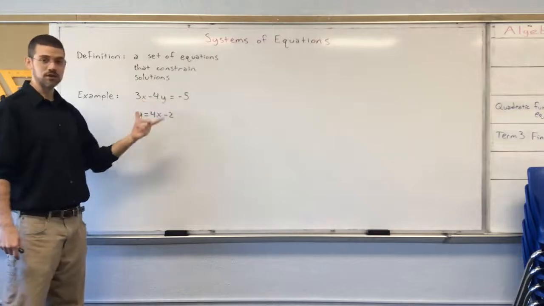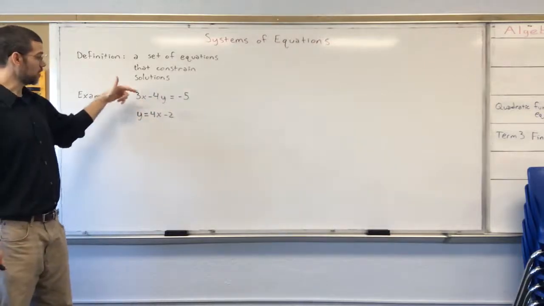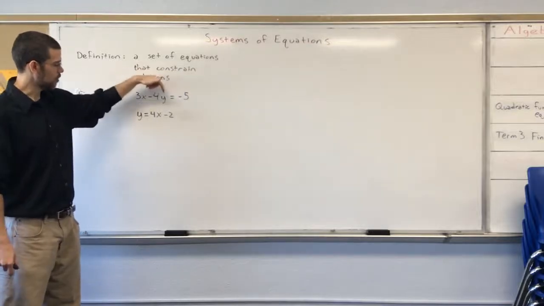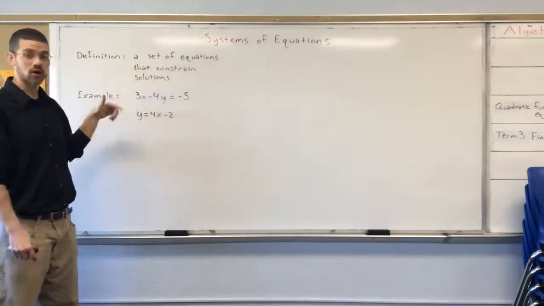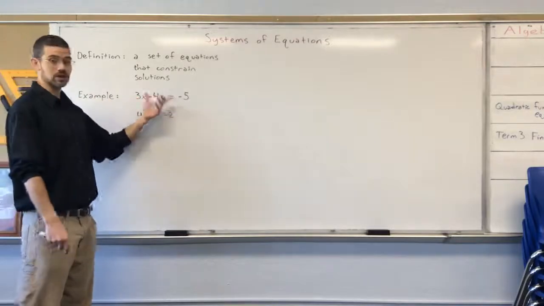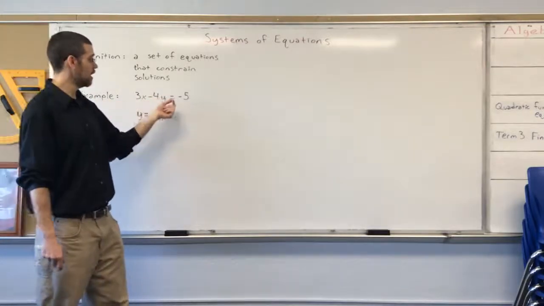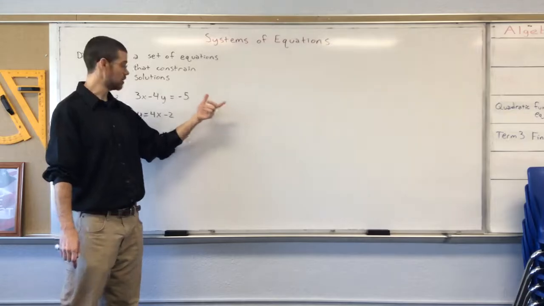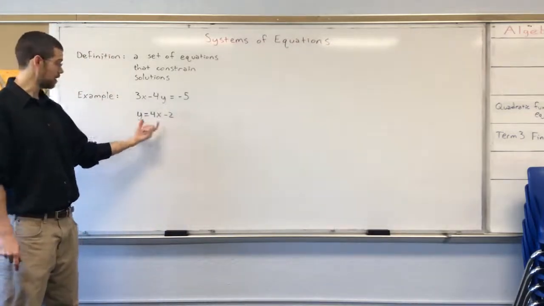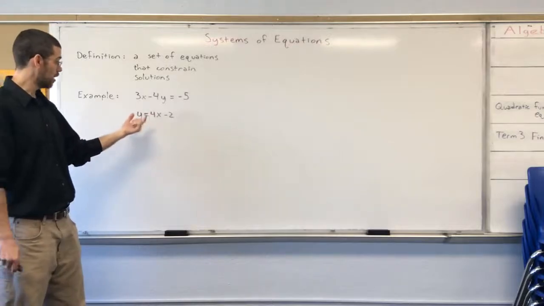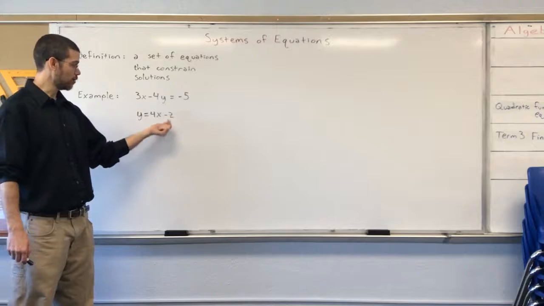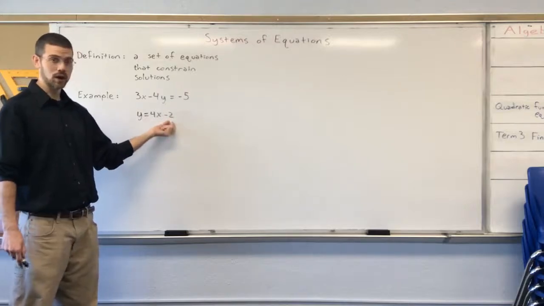This first equation, if you recall, is in standard form where the coefficients on x and y and this constant are all integers. And then the x's and y's are on the same side of the equation and the constant is on the other side. This equation is also a line equation. It's in the slope-intercept form, where we know the slope and we know the y-coordinate of the y-intercept.